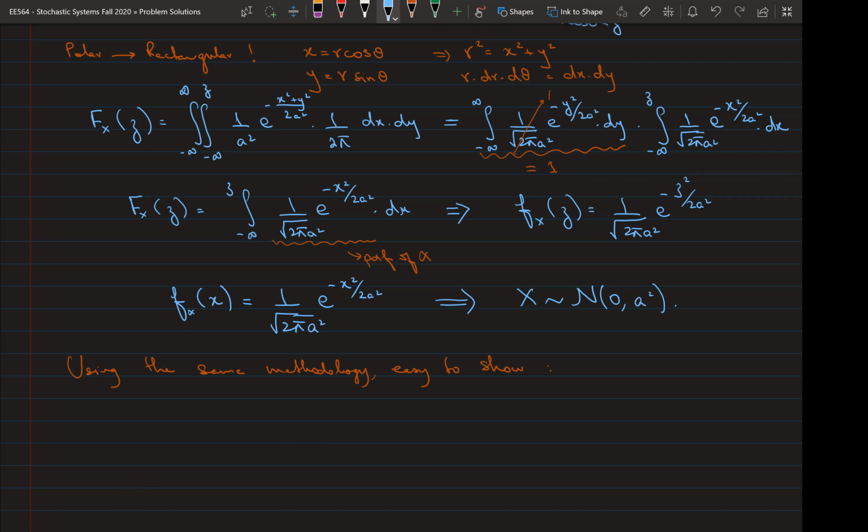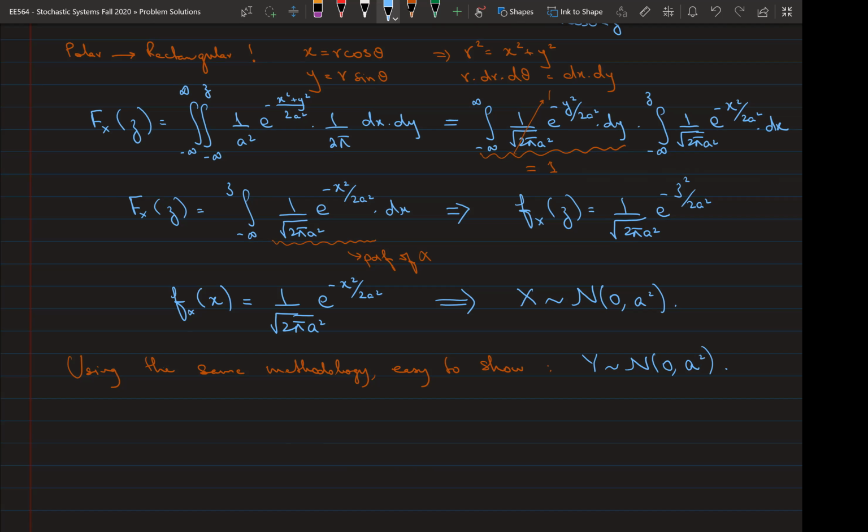Instead of integrating or differentiating over x, you're just going to be differentiating over y. You're going to find that y also turns out to be a zero mean Gaussian random variable and has variance a squared. So we've been able to show that x and y are marginally Gaussian. The marginal distributions are Gaussian indeed, and they're identically distributed.